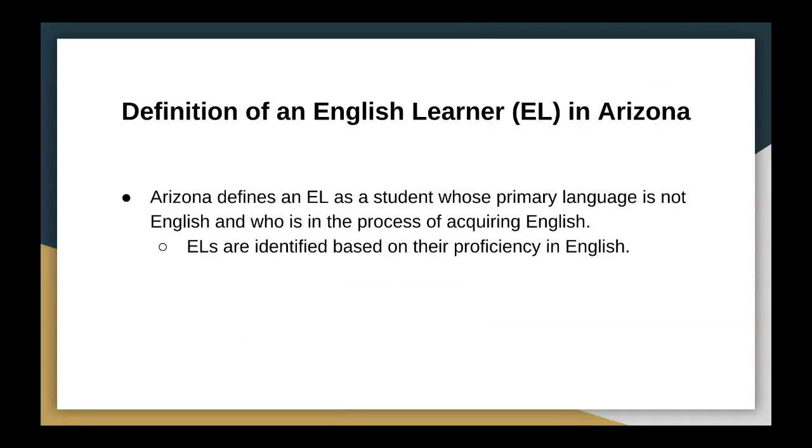The definition: in Arizona, an English learner, or EL, is a student whose primary language is something other than English and who has not yet reached full proficiency in English. These students are still developing their English language skills and require additional support to succeed in academic settings.